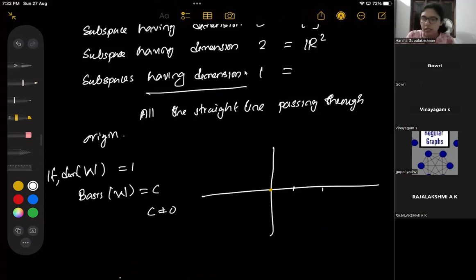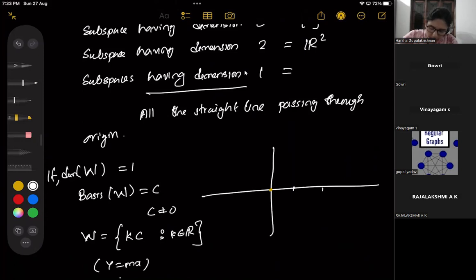If I take some non-zero C, then I take all the linear combinations of C to get W. That means W equals the set of all Kc, where K is some scalar, K in R.